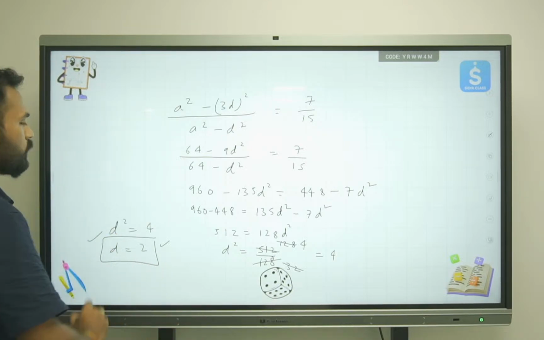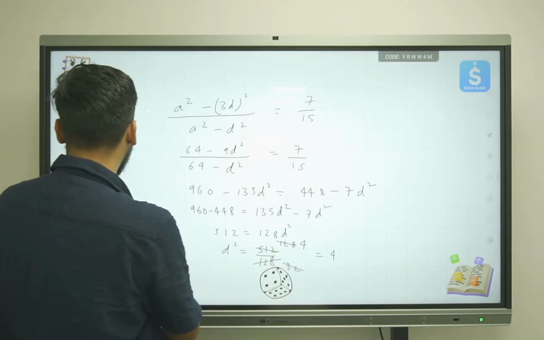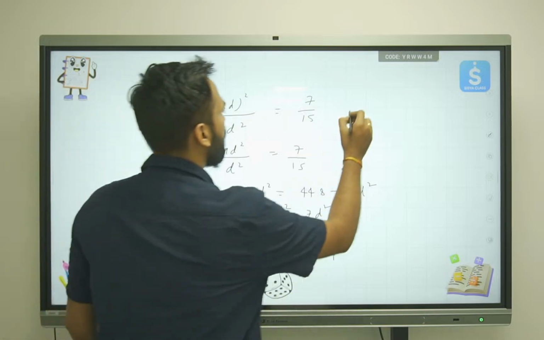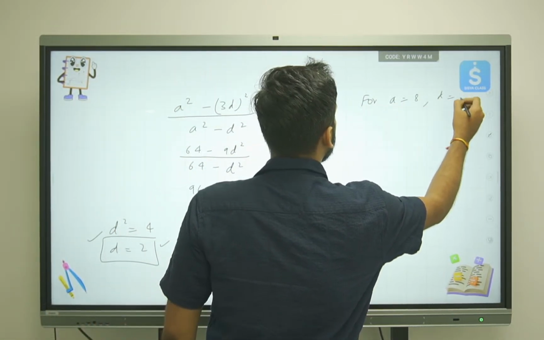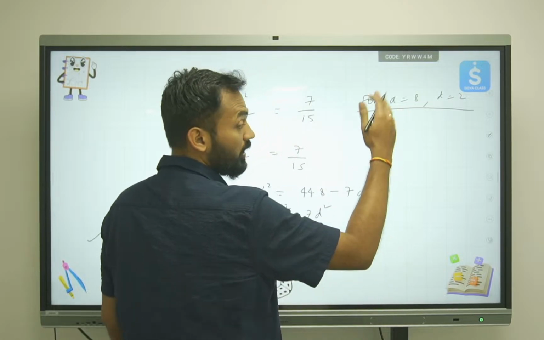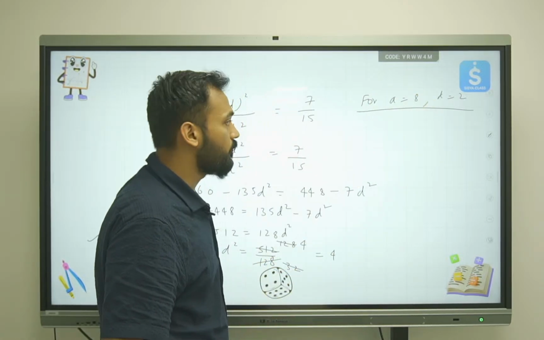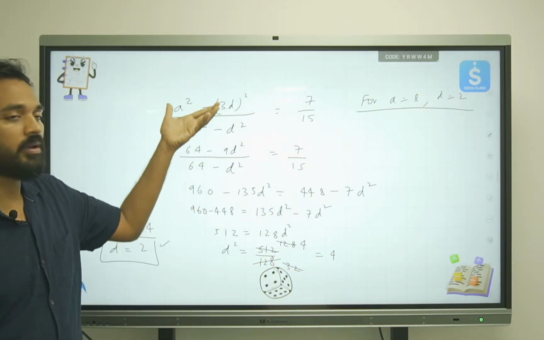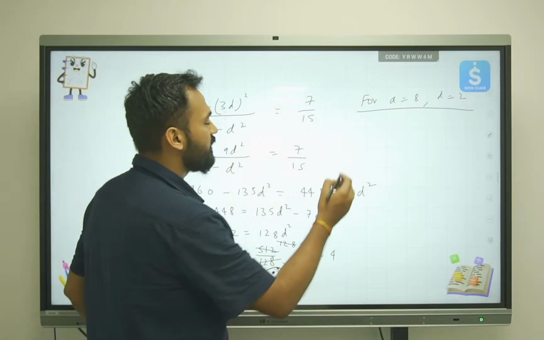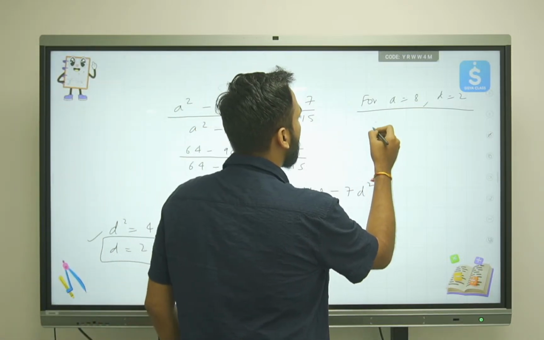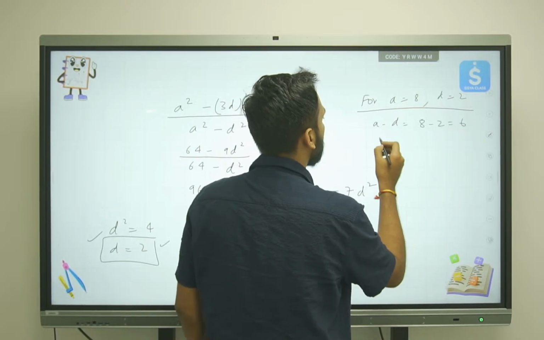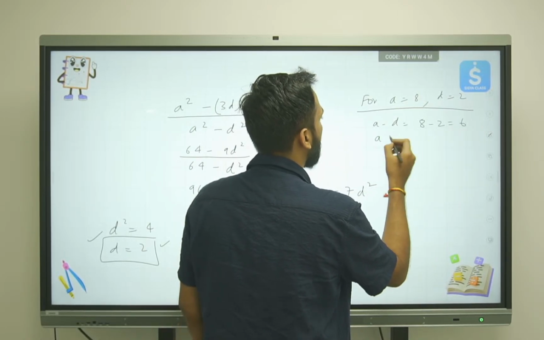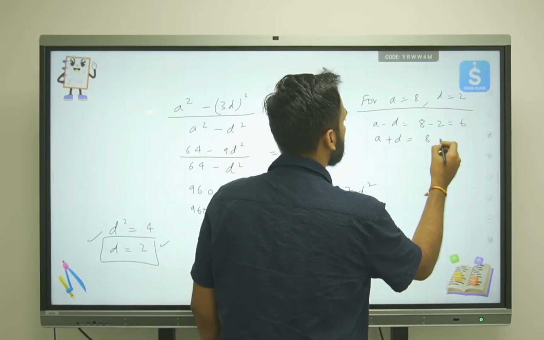So let's take 2. If D is equal to 2, A is equal to 8. For A equal to 8 and D equal to 2, the 4 consecutive AP terms are for which the sum is 32 and the ratio is 7 by 15. Let's identify them. A minus D, 8 minus 2, 6. A plus D, which is 8 plus 2, 10.